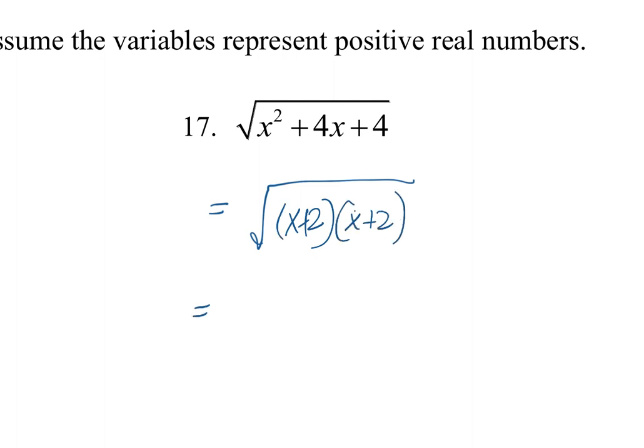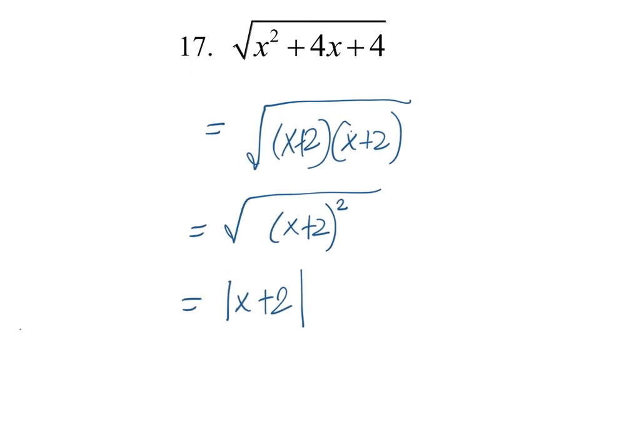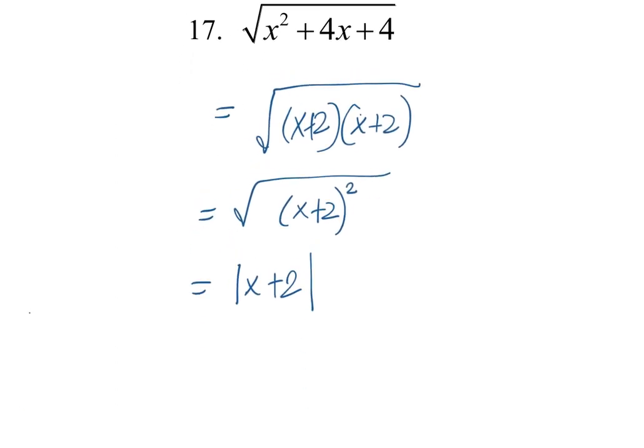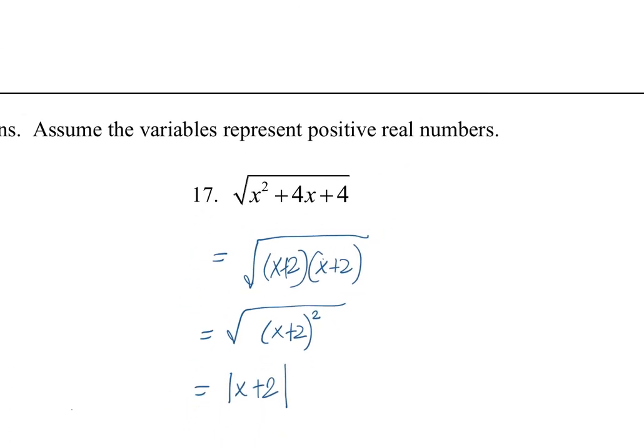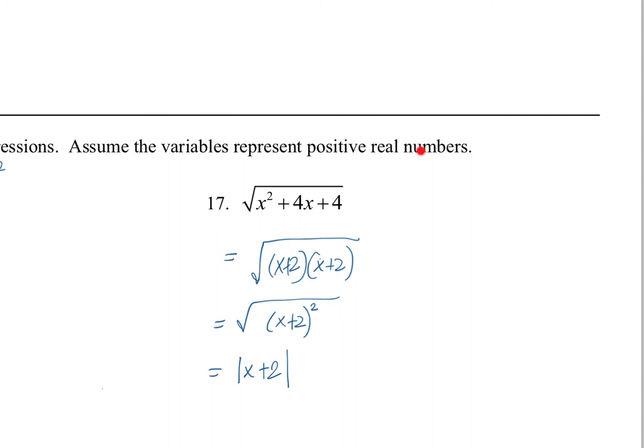Well, when you multiply something by itself, that's the same thing as squaring it, right? Okay. The square root undoes the square. Technically, we're supposed to put this in absolute value bars, but we do not need them because we know that the variables represent positive real numbers. So we can write our answer as x plus 2.